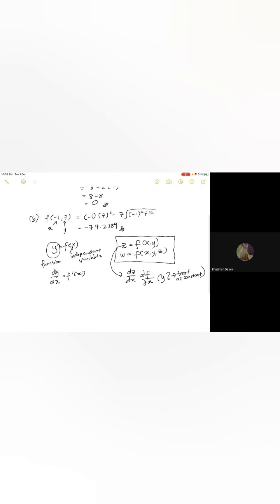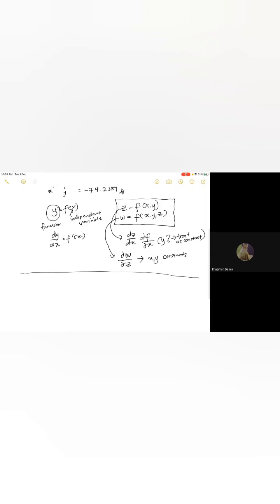Again, for this one as well, if you differentiate del w over del z, let's say, now you have two variables which you have to treat as constant, they are x and y. So we will look into this more in 3.2, I think. So that is what we call function of two or more variables.